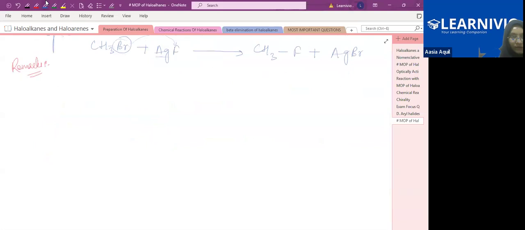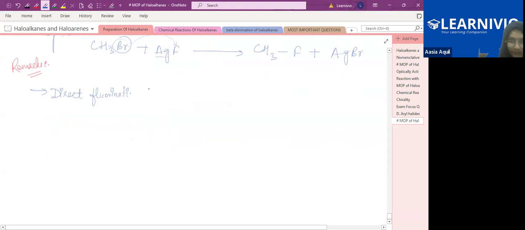So why don't we do the fluorination? Direct fluorination means a direct reaction with F2.